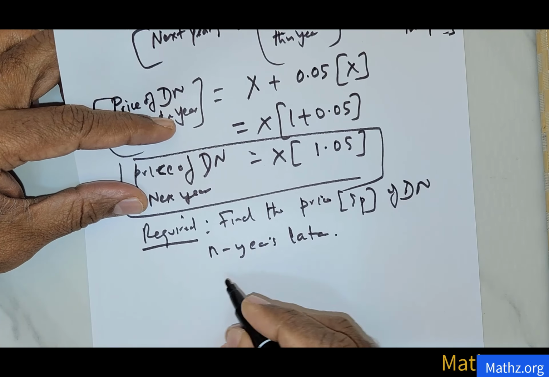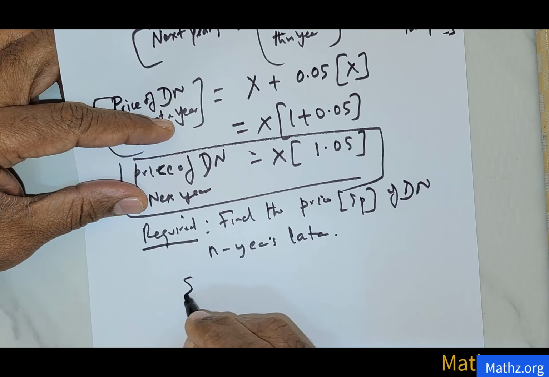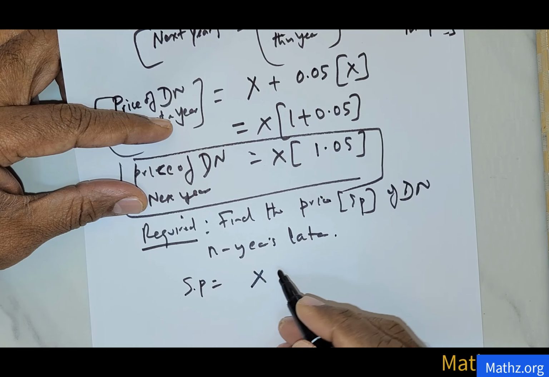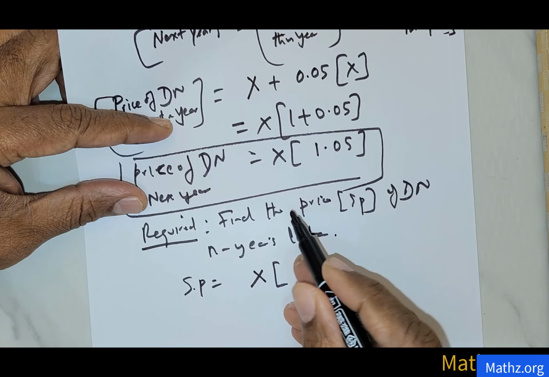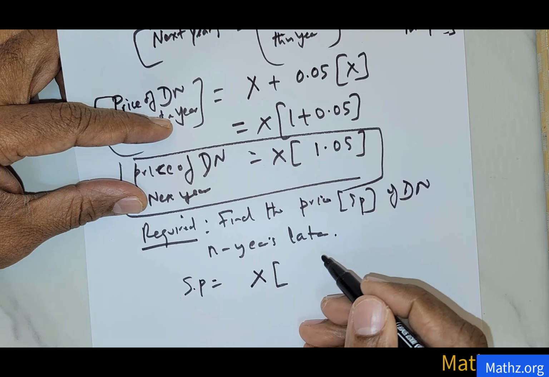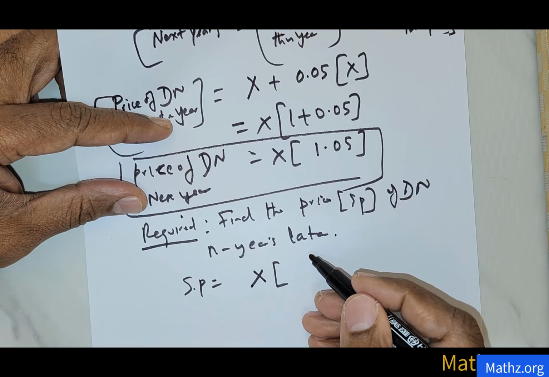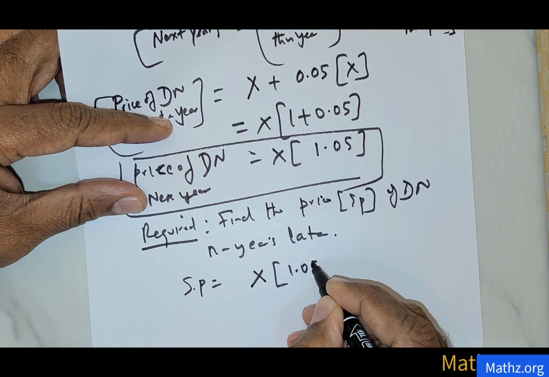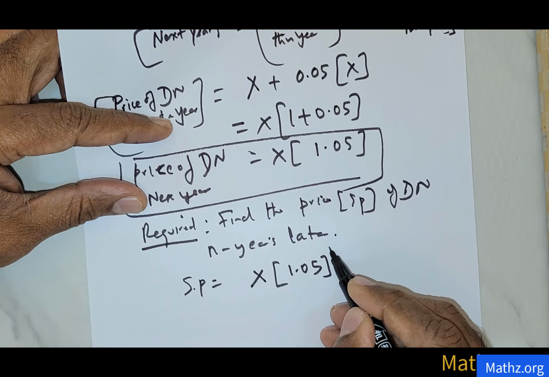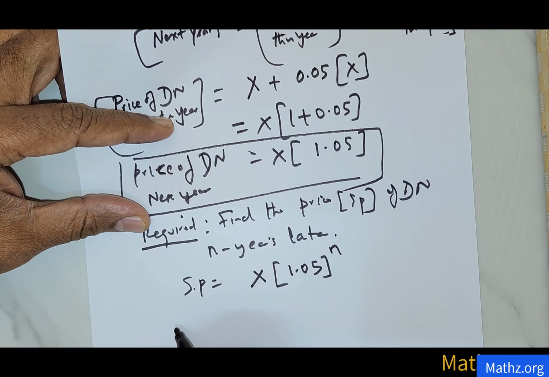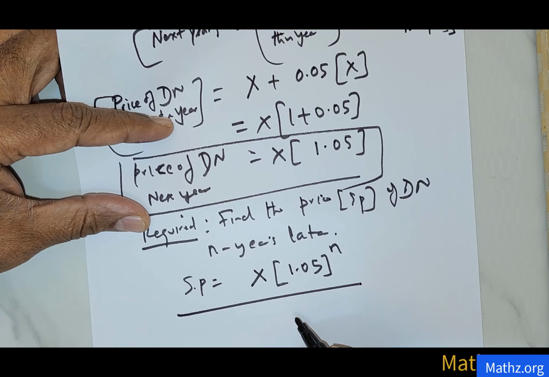So the selling price n years later is going to be X, the price for the given year, in other words the year that is being stated in the data, times 1.05. n years means you have to place n. Now this is known, this is given, so this would be the equation.